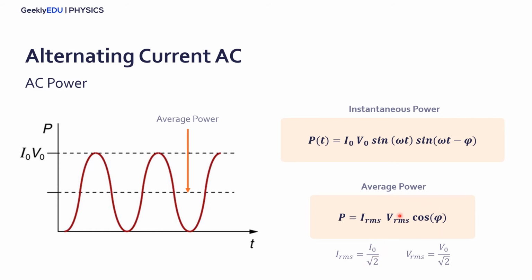And we also take into account the phase difference. Another important thing to calculate sometimes is the power dissipated in a circuit, which is the RMS current squared times the resistance.